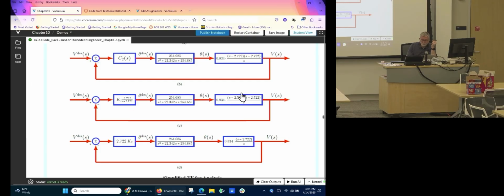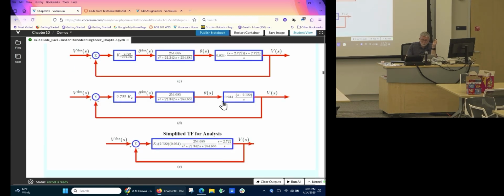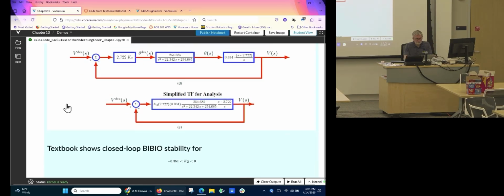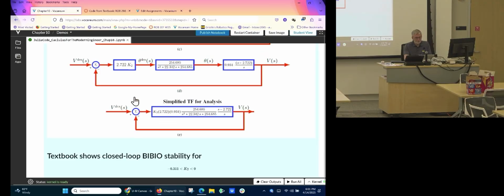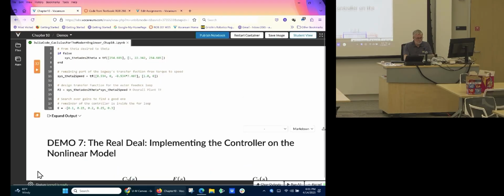And so we're going to cancel the stable zero. We can't do anything about this. This gain is to take the pole at the origin and move it into the left half plane. So this is what we're going to be doing step responses for and just adjusting K2. And you don't have to do any of this analysis, but it's there if you want it.